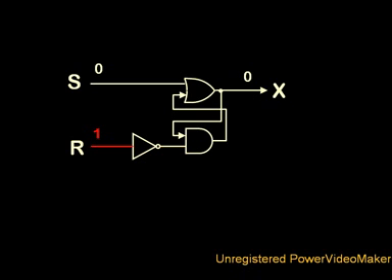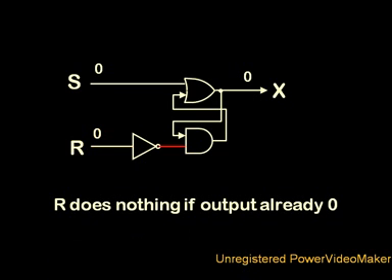Nothing else changed in the circuit. We change it back. Again, nothing happens. So if the output is already 0, doesn't look like R does anything at all. It can go from 1 to 0 to 0 to 1 as many times as we want, and nothing else changes in the circuit.